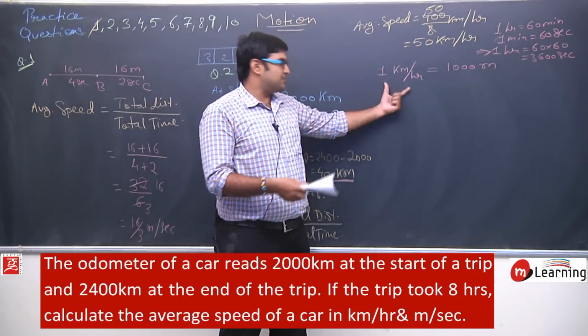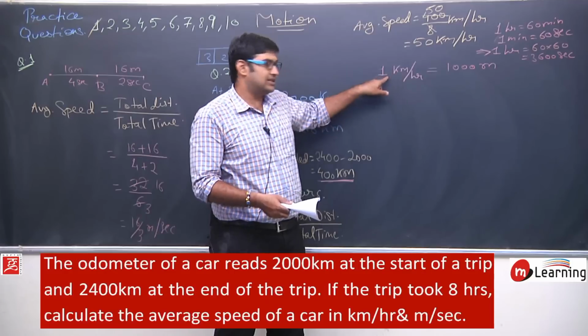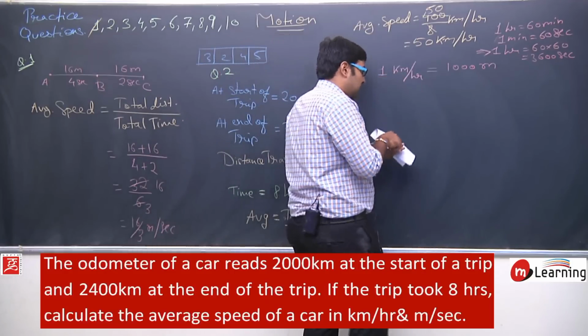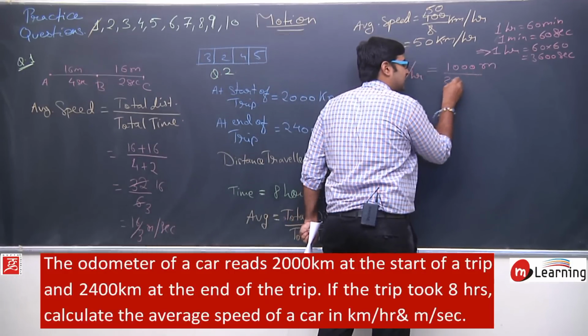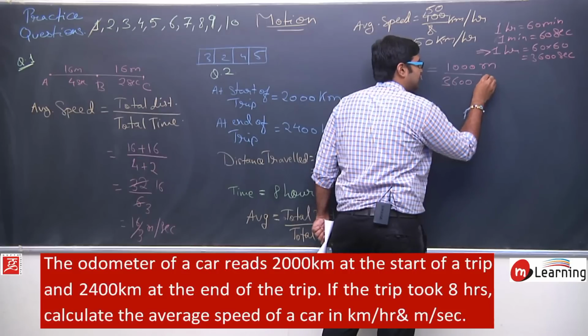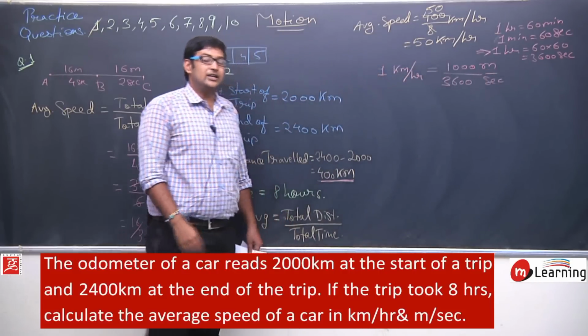So I can say this particular speed in two ways. Either I will say that in 1 hour the object is travelling 1 kilometer, or I can say that in 3600 seconds the object is travelling 1000 meters.